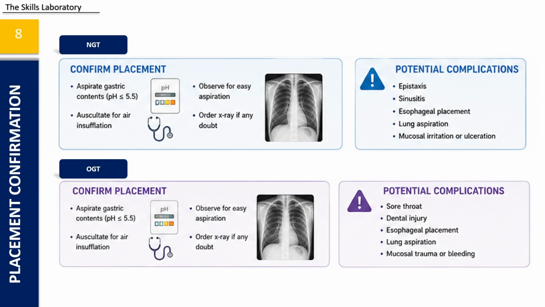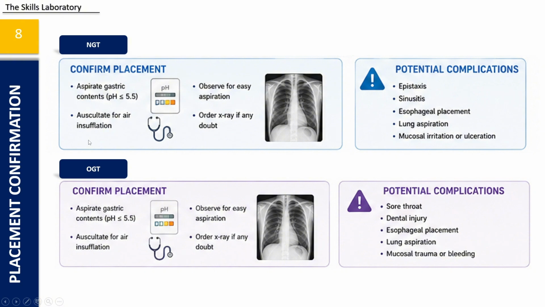Okay, so those are the important confirmation of the placement of the NGT. However, the gold standard for this is your X-ray. However, for practicality, we don't usually order X-ray after NGT insertion.